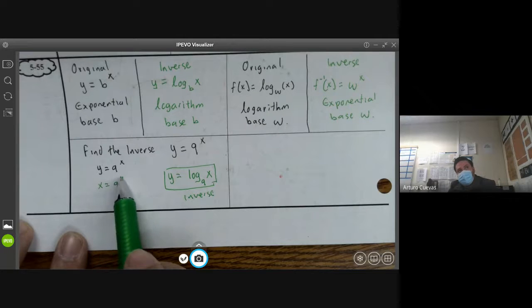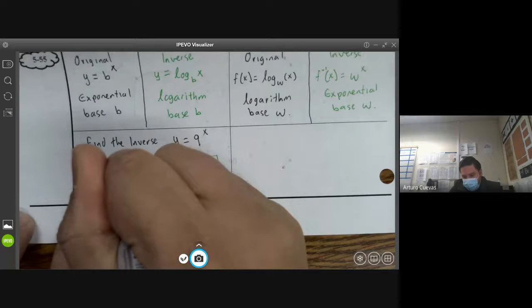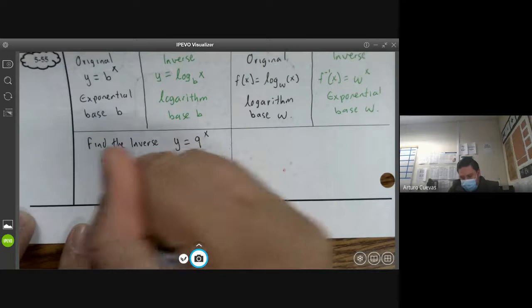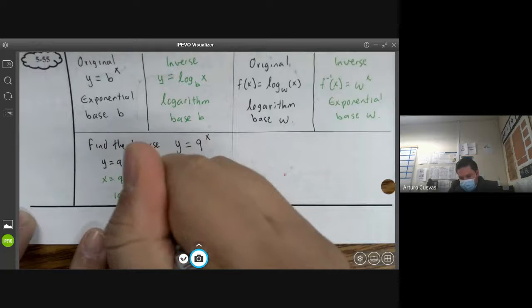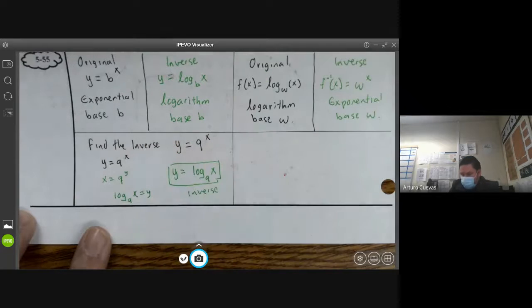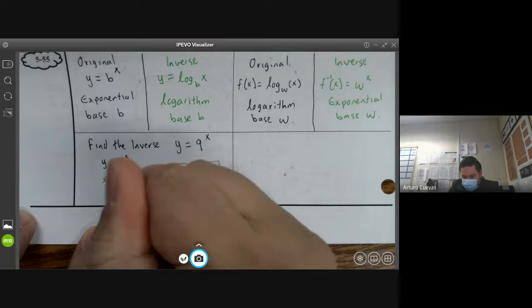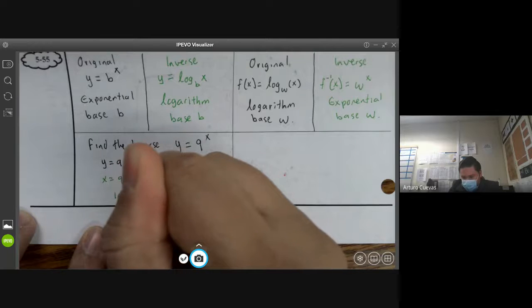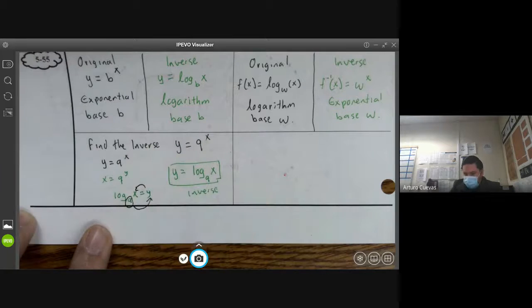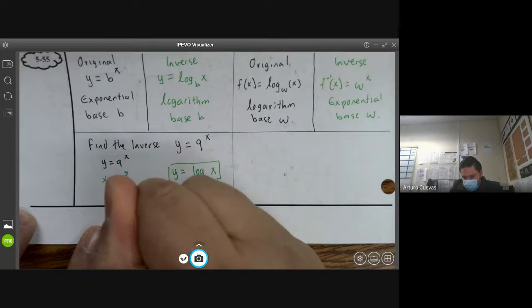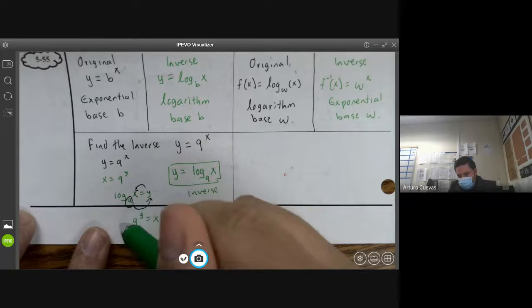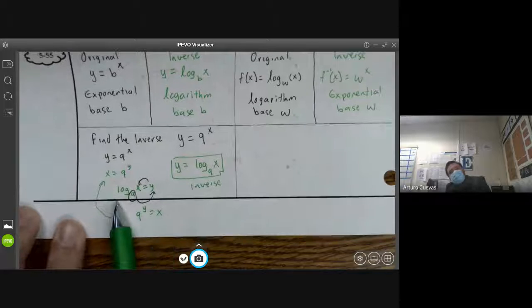So if we write a log, base 9, to the power of y equals x. Isn't it the same thing? So log base 9 of x is the inverse.